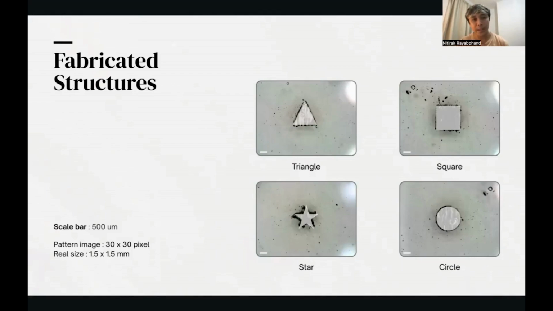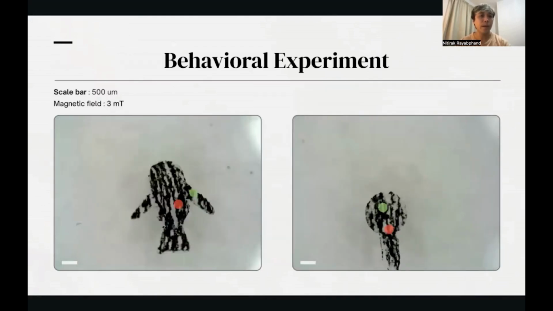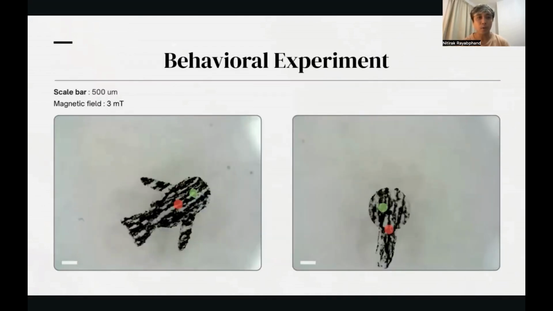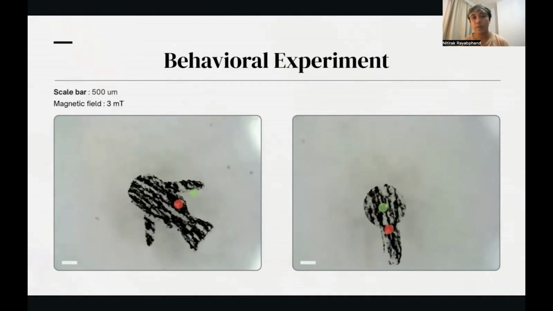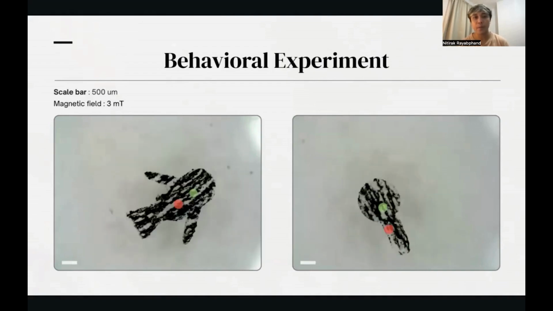And when we overlay the pattern image onto the structures, the structure sizes are very close, as well as the bigger structures. And as mentioned, the star has severe distortion in the shape, but the size is still close to the pattern image. And then we took the fish and the tadpole structures for further behavioral experiments.